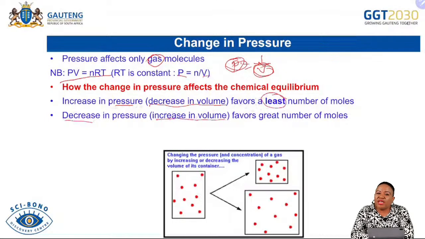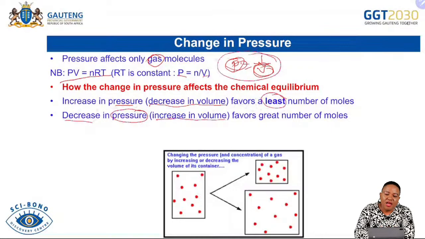The only way to increase pressure is to decrease the volume, and the only way to decrease pressure is to increase the volume. So the increase and decrease of volume will affect our pressure, because pressure and volume are inversely proportional, as in Boyle's law. So we can see here there is a decrease in volume, so there will be an increase in pressure.